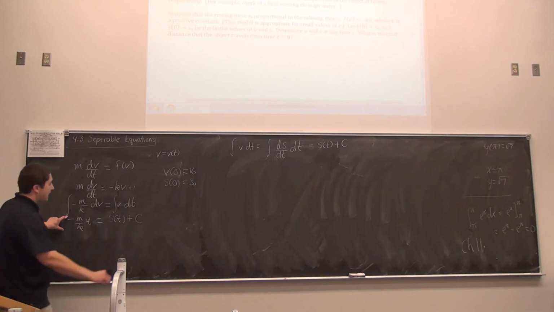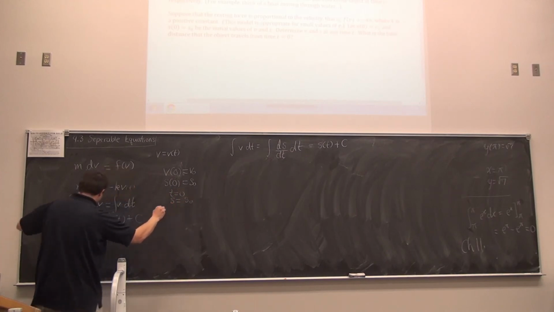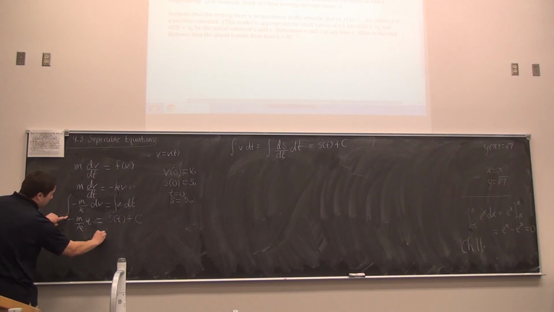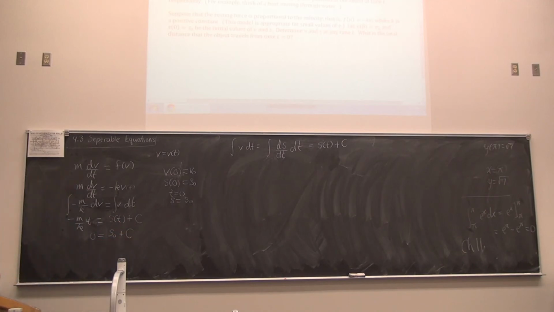So if we input, say, on this initial condition, this is saying at time 0, the position s would be equal to s naught. So we can throw in here, at time 0, we have wiped out this left-hand side, would be equal to s of 0, or s naught, plus the constant of integration. So now we can solve for the constant by subtracting s naught from both sides. Does that make sense to that step?